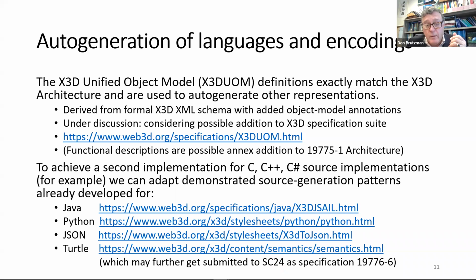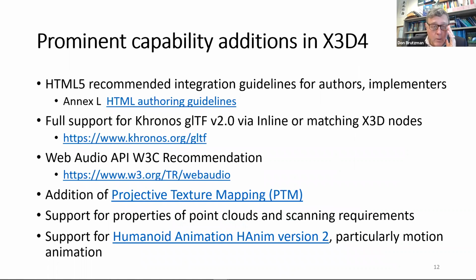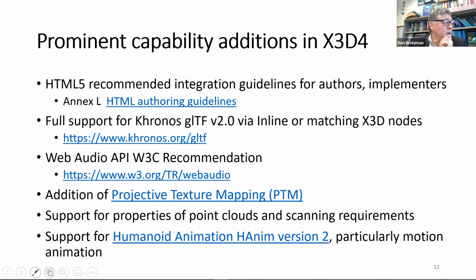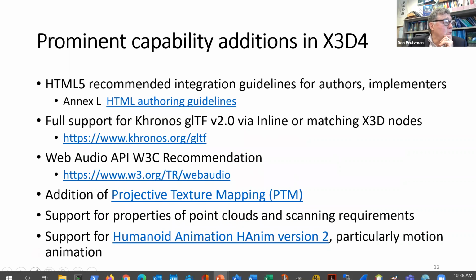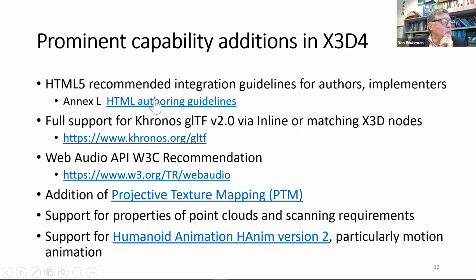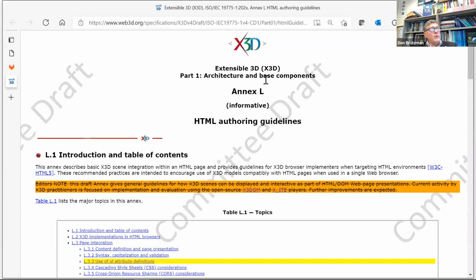Okay, next is we've mentioned Khronos and glTF. We should also mention, let's see, I think I have to turn off my laser beam here. If it lets me. Okay, now I can actually click on a link. HTML authoring guidelines.